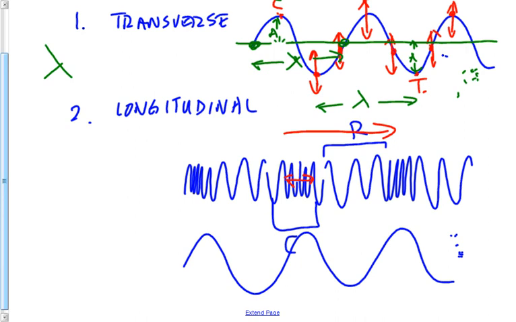As they go back through the equilibrium position, they begin to speed up, speed up, speed up. As they go through that equilibrium position, they then begin to slow down, slow down, slow down. So they do change speeds. Absolutely, they change speeds within that wave motion.